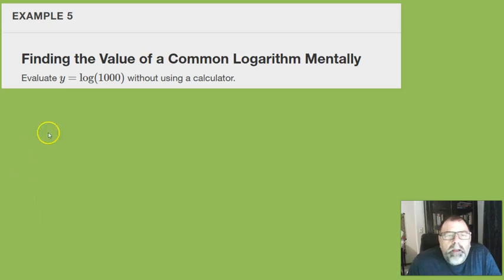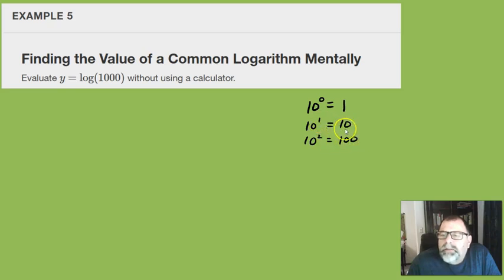Okay, example 5, finding the value of a common logarithm mentally. Evaluate y equals log of 1000 without using a calculator. So base 10 is nice because 10 to the 0 is 1, 10 to the 1 is 10, 10 squared is 100.